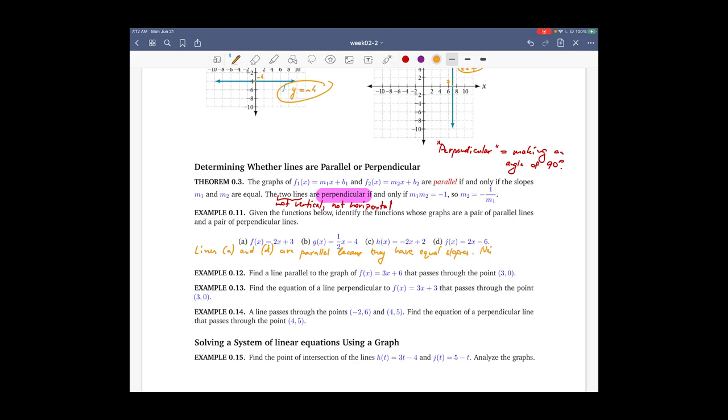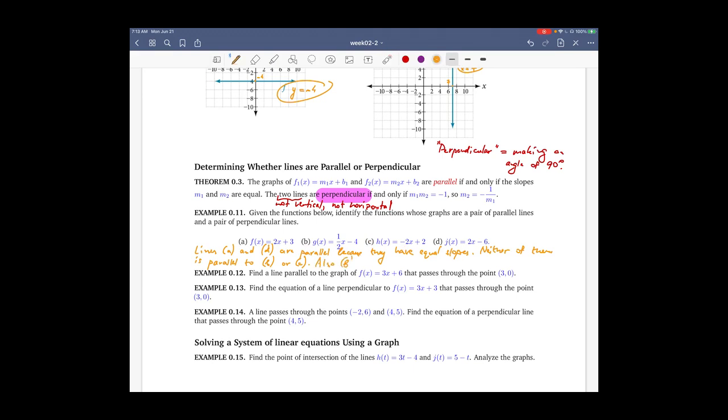And neither of these lines is parallel to B or C because neither B or C has slope 2. However, we see immediately that lines B and C are perpendicular because the product of their slopes is -1.